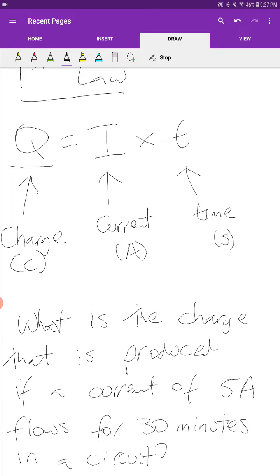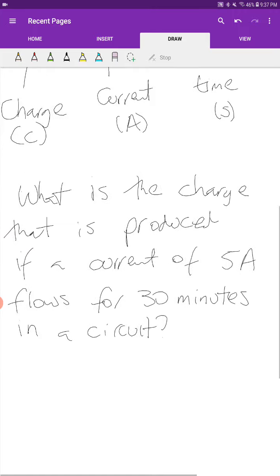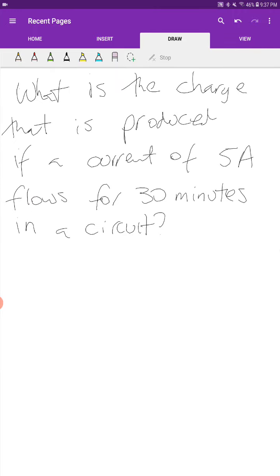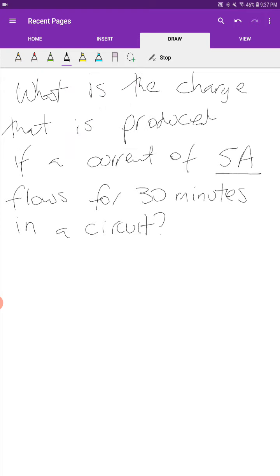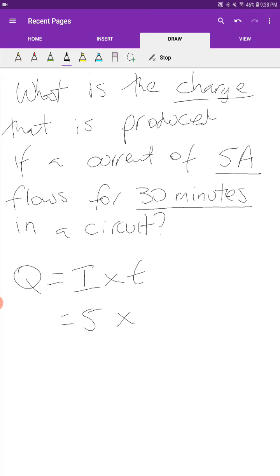What is the charge that is produced if a current of 5 amps flows for 30 minutes through a circuit? Now, we know the current is 5 amps. We know our time is 30 minutes. So we're going to make use of the relationship in order to find the charge, and we're going to say that Q is equal to I times T. I is 5 amps and our time is 30 minutes. But remember that we must convert our time from minutes to seconds.